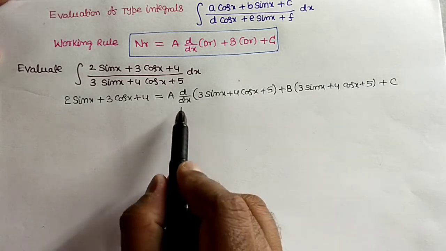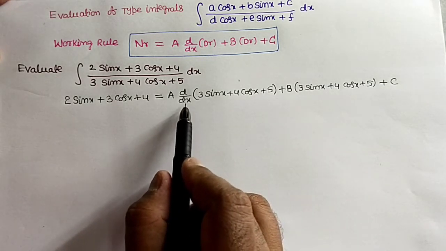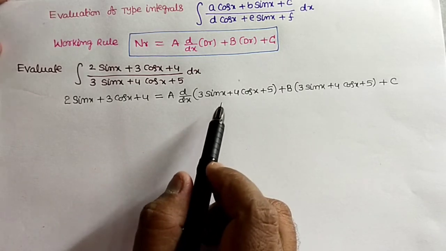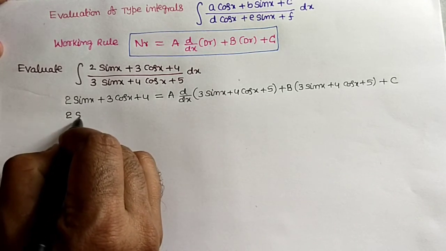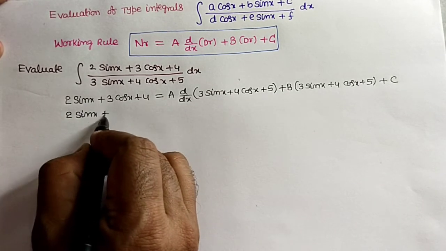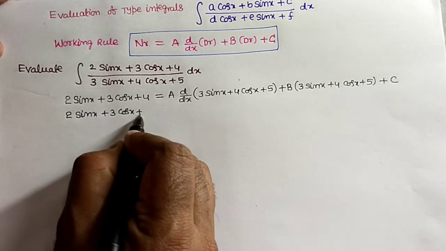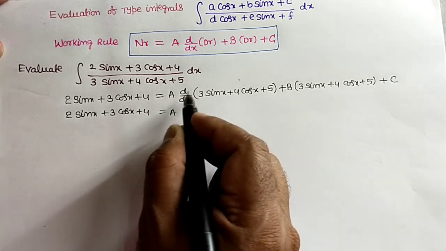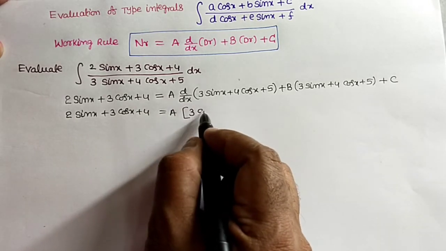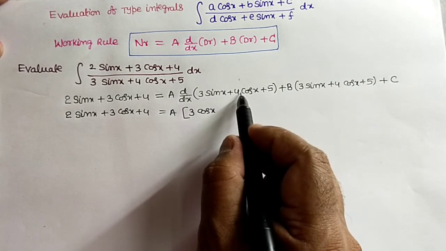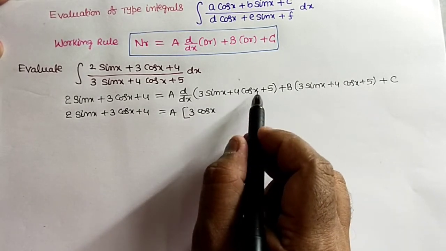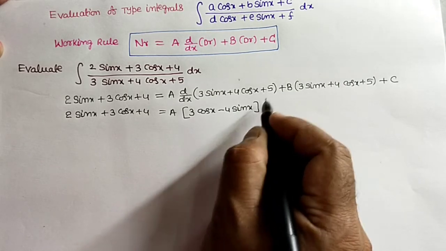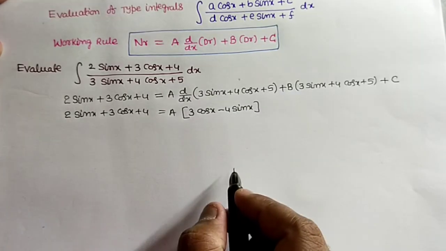After that, in the first term of the RHS of the working rule, d by dx of the values are there. First you have to differentiate and write it. 2 sin x plus 3 cos x plus 4 equals capital A into, keep bracket, 3 constant we can take outside, d by dx of sin x is cos x. 4 constant we can take outside, d by dx of cos x is minus sin x, so minus 4 sin x. d by dx of constant 5 is 0, no need to write here.